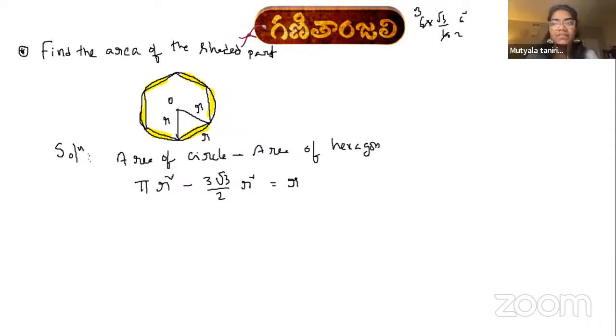So should we substitute the value 3.14 in place of pi? Not necessary, options are not there in that question. So we can simply write r square times pi minus 3 root 3 by 2.